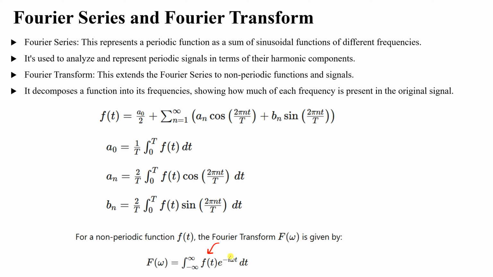Here j is the imaginary number, which is root negative 1. So when we apply this to our function, we get the output, which gives us the signal as a function of omega, which helps us understand where our signal exists in the frequency domain.